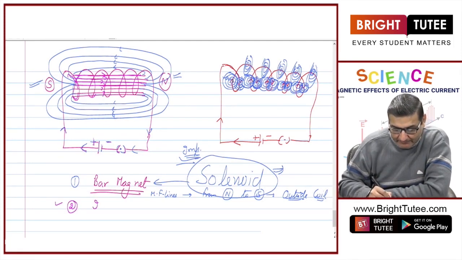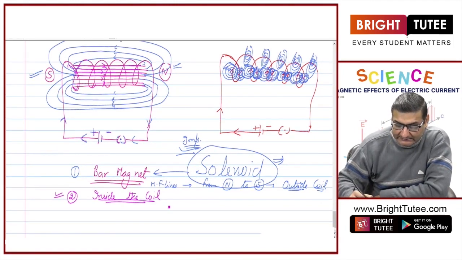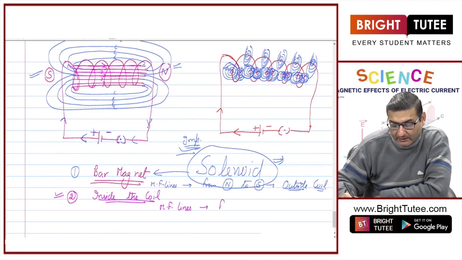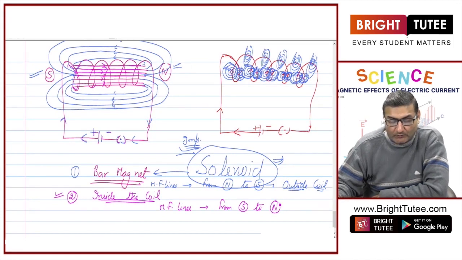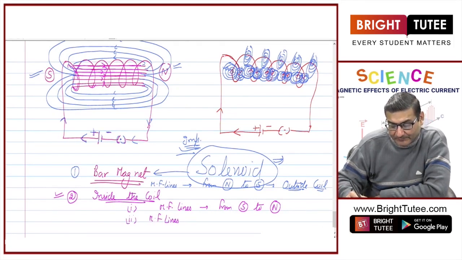So very important, inside the coil, where we have taken the number of turns, we see that the magnetic field lines are going from south pole to north pole. And the second very important thing is that the magnetic field lines are parallel to each other inside.